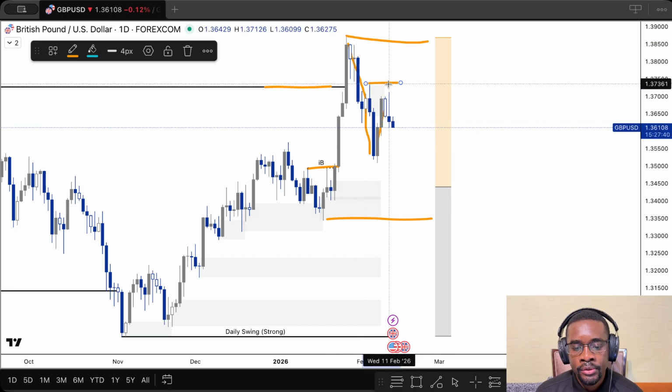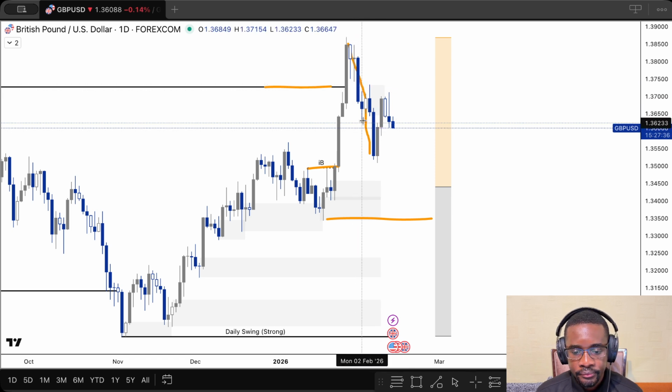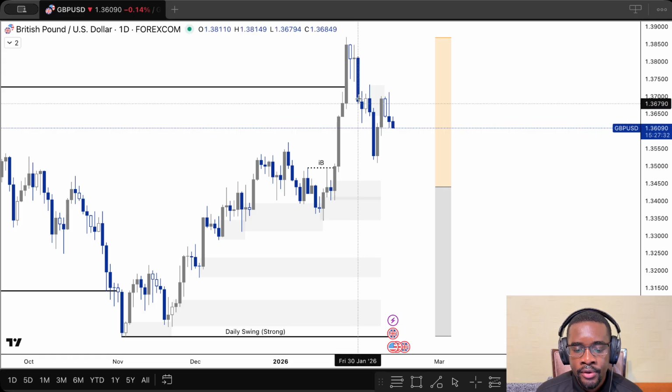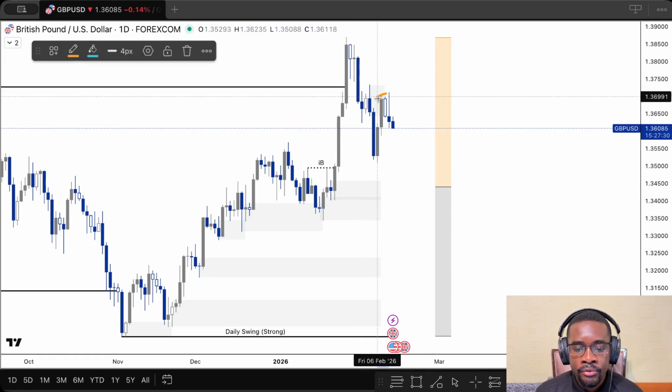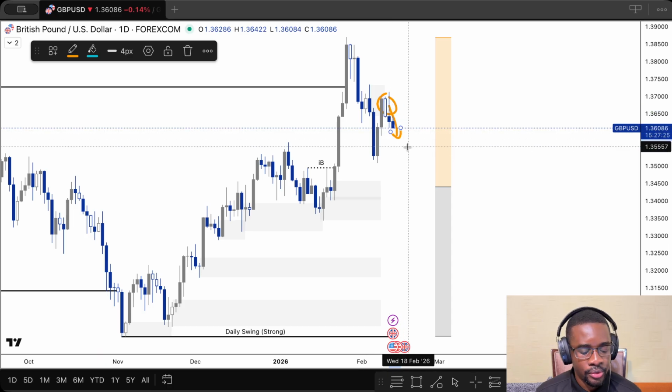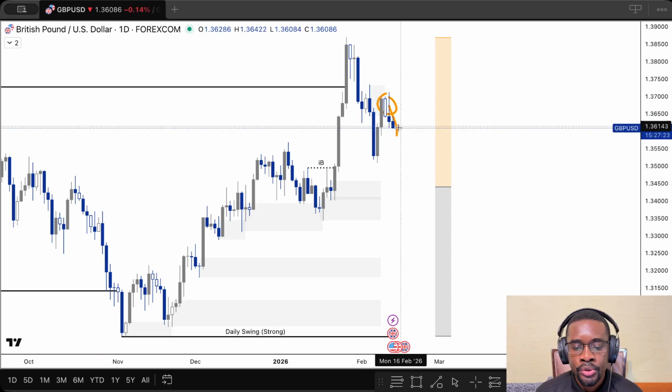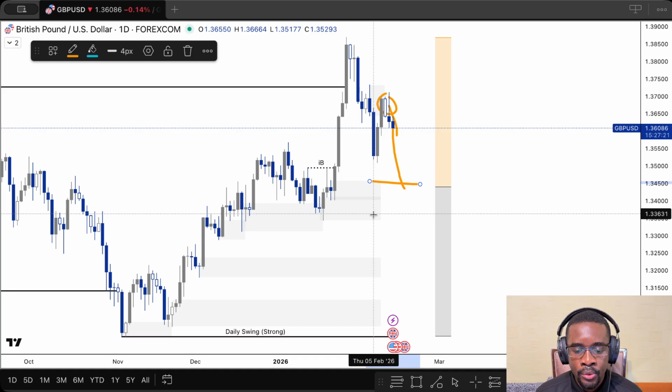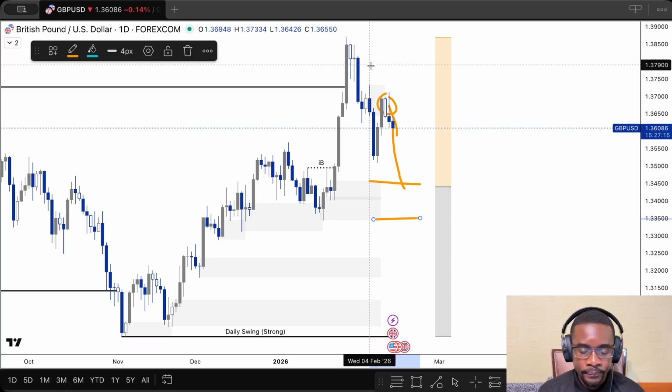However, we failed to eliminate this area of supply, fractal supply. We've reacted to fractal supply, and now we are a bit bearish. So who knows, we could be continuing maybe towards the equilibrium, EQ of the swing range. Okay, it's a possibility.